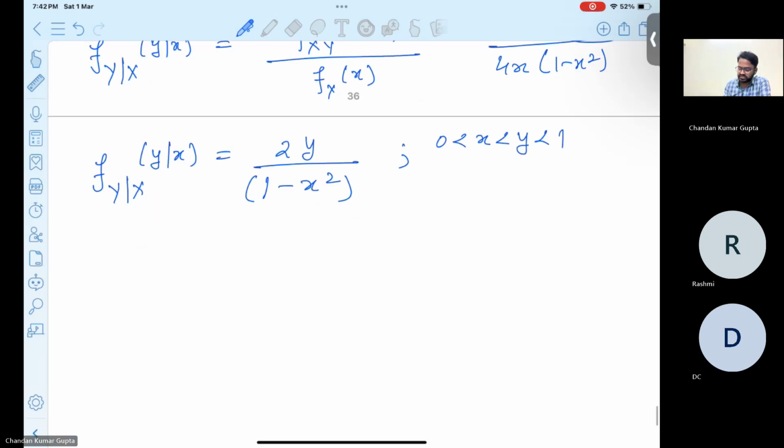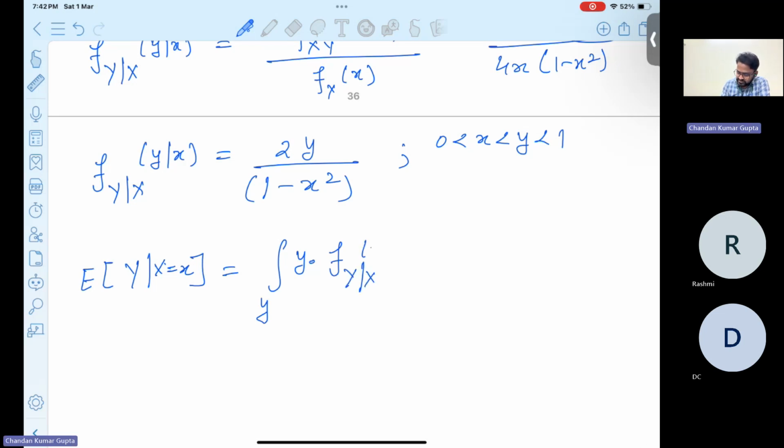Now the next is the expectation of y given x. The expectation is defined as an integral. It's a function of y only; x is treated as a constant, but since we are dealing with x equal to small x, the same formula is used: the integral of y times f(y given x) dy.